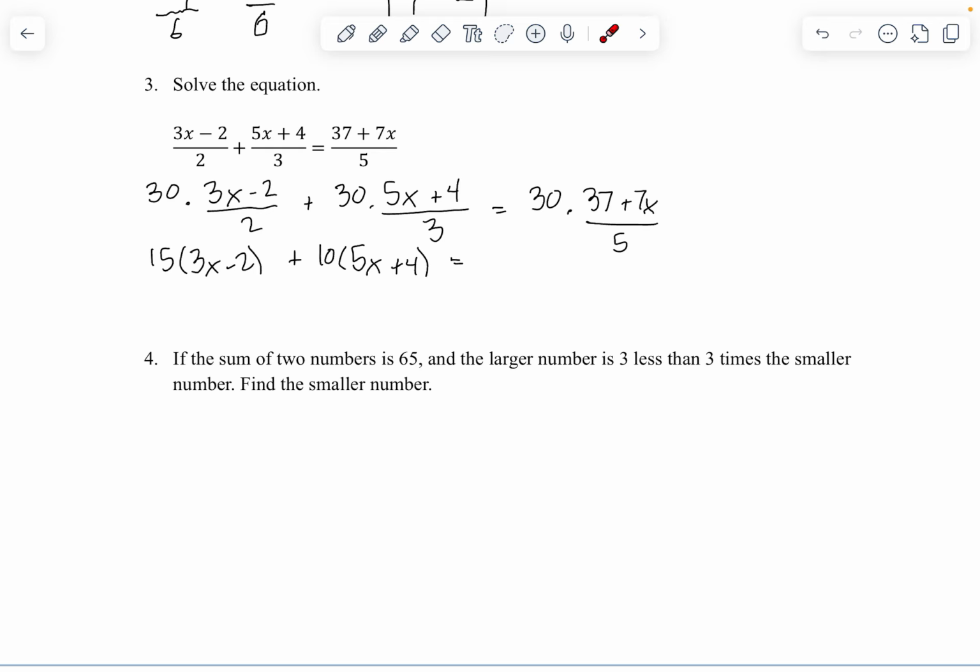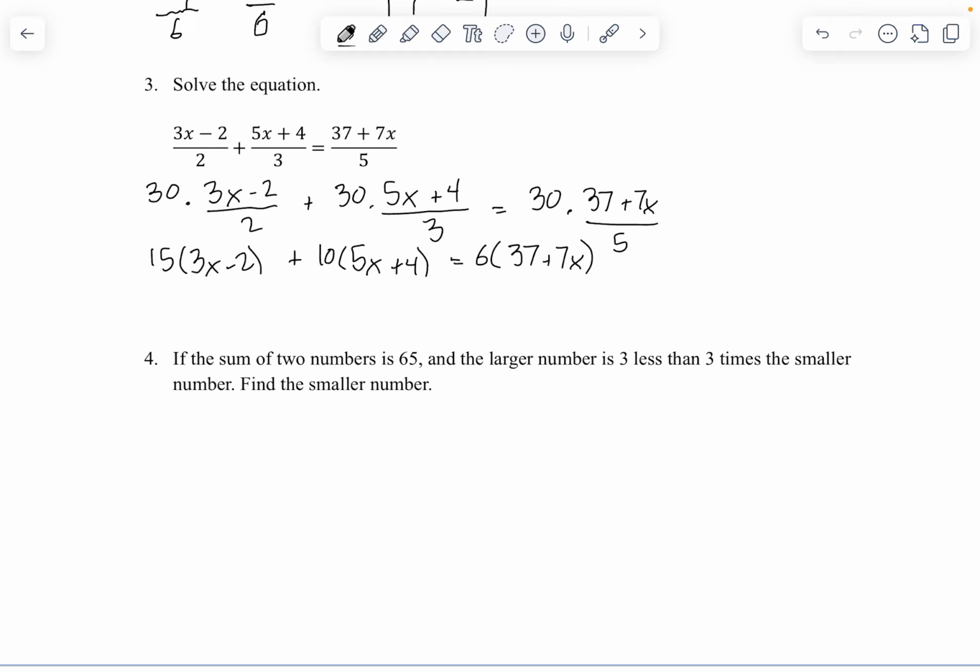Over here, 30 divided by 5 is 6. So this is 6 times 37 plus 7x. Okay, so now I have a new equation with no denominators, which makes it easier to solve.